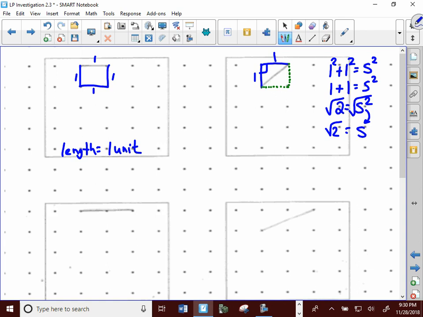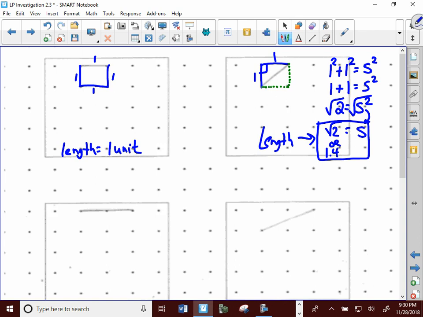Or, using my calculator, I can go find the square root of 2 to be a decimal, and as I'm putting it in here, we'll say about 1.4. So that is our value of our length for the second box. Okay, about 1.4.